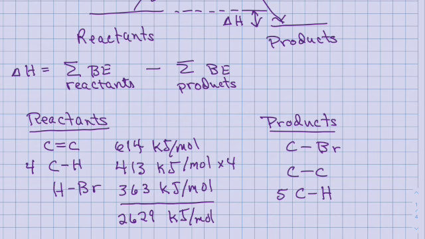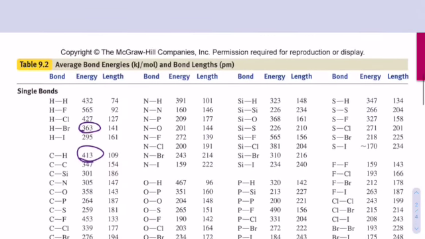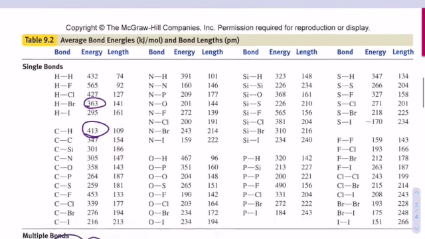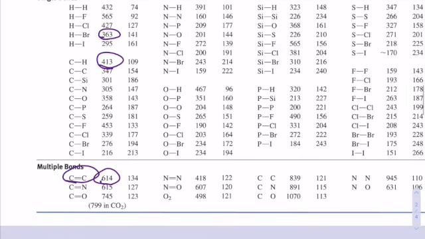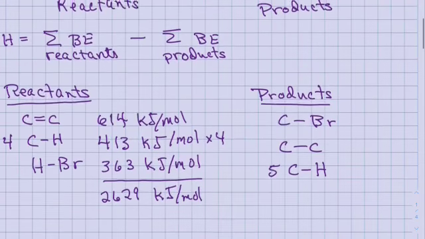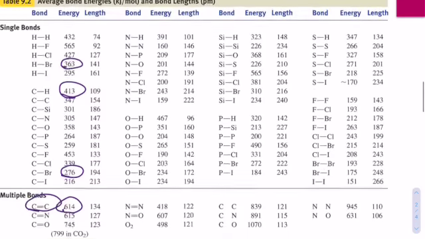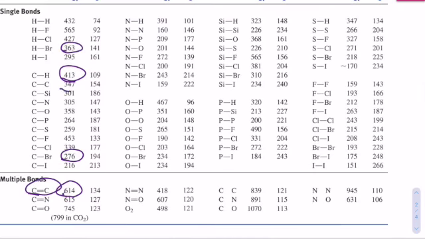We'll do the same thing. The carbon-bromine bond energy is 276 kilojoules per mole. The carbon-carbon bond energy is 347 kilojoules per mole.